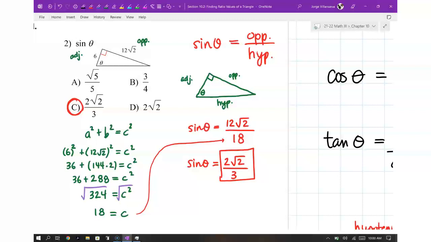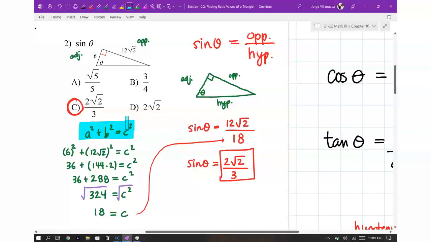Okay? So there might be problems where you don't have to use the Pythagorean theorem. There might be problems where you might have to use it. Okay, so it could happen, it might not happen, it just depends on the problem. Okay, so that's one problem right there. Now this only became a little bit more difficult because we had to use this piece in order to find information.